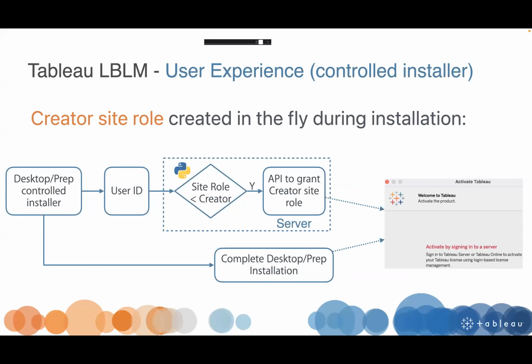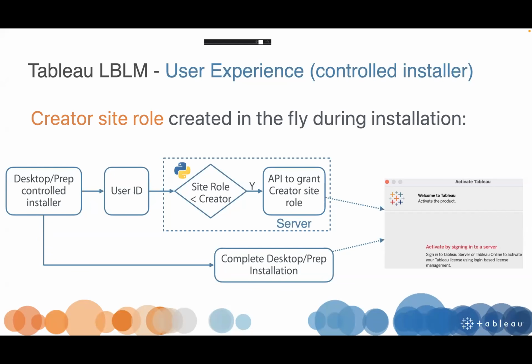What the Python script does is grab the user's user ID. Based on the install user, I'm able to grab this user's ID from the user's machine and check this user's site role on the particular server.